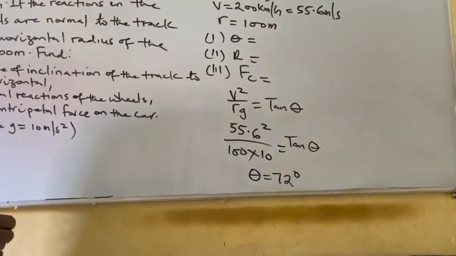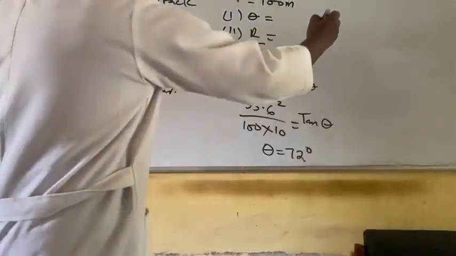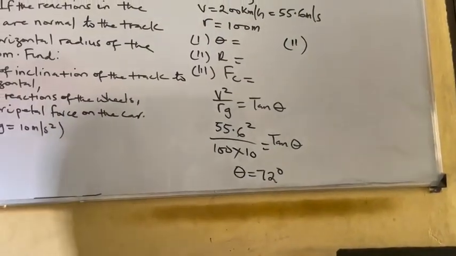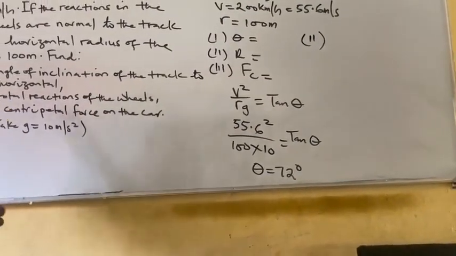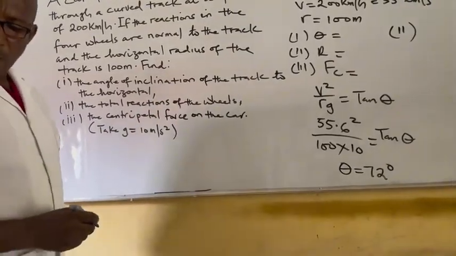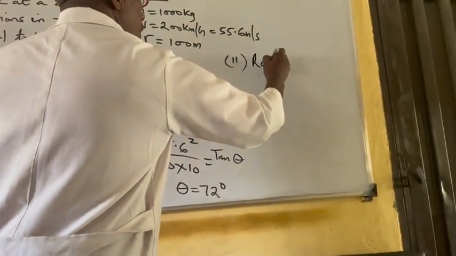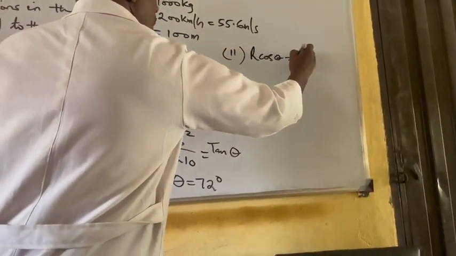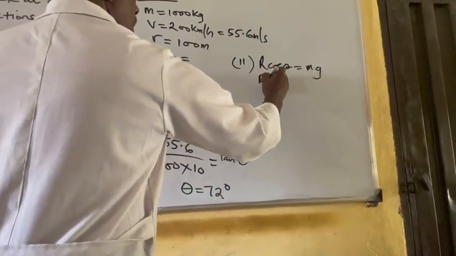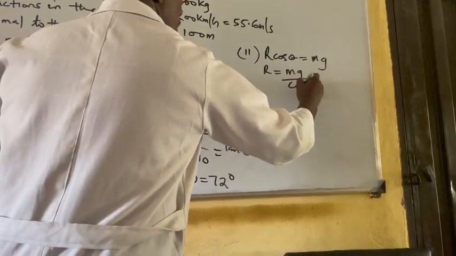It's quite easy, right? Now let's go to two, the total reactions of the wheels. Now we know that R cos theta is equal to mg. Therefore, R is equal to mg divided by cos theta.